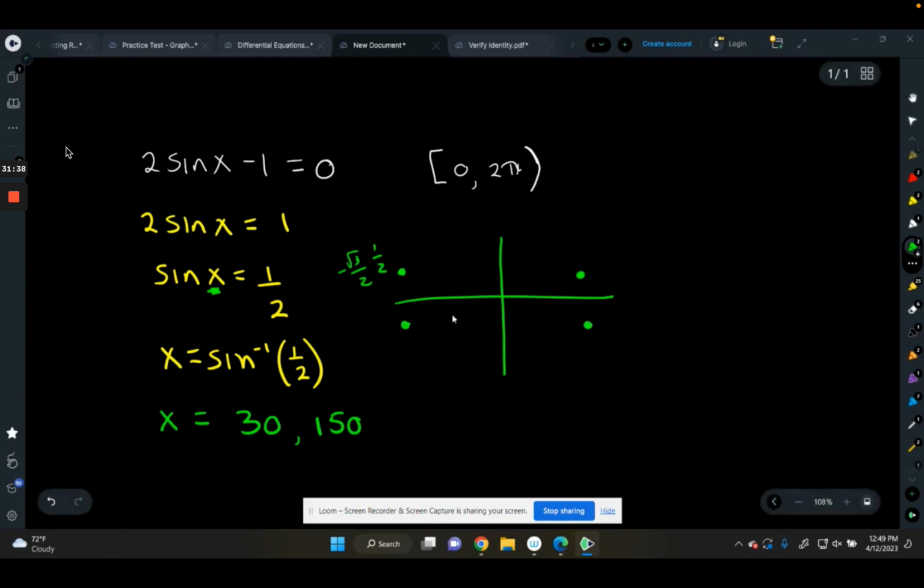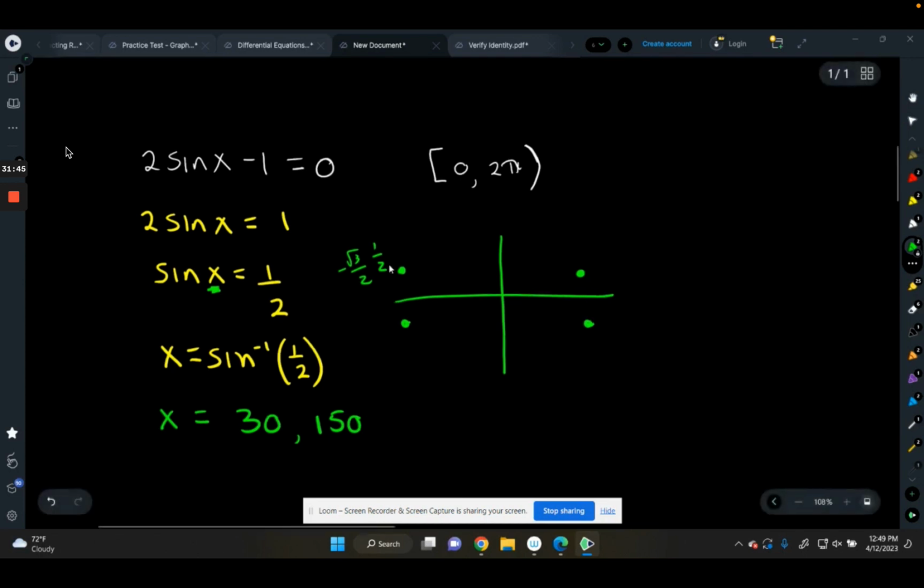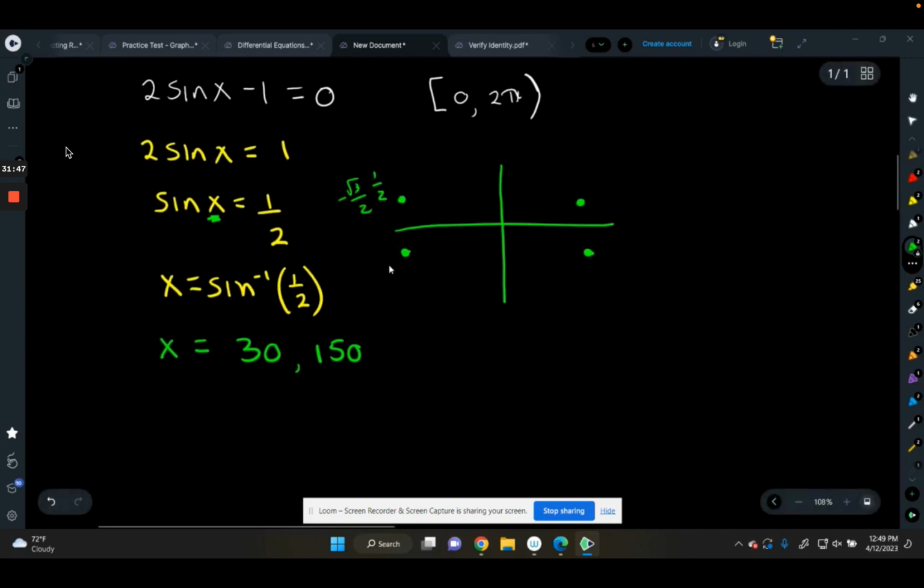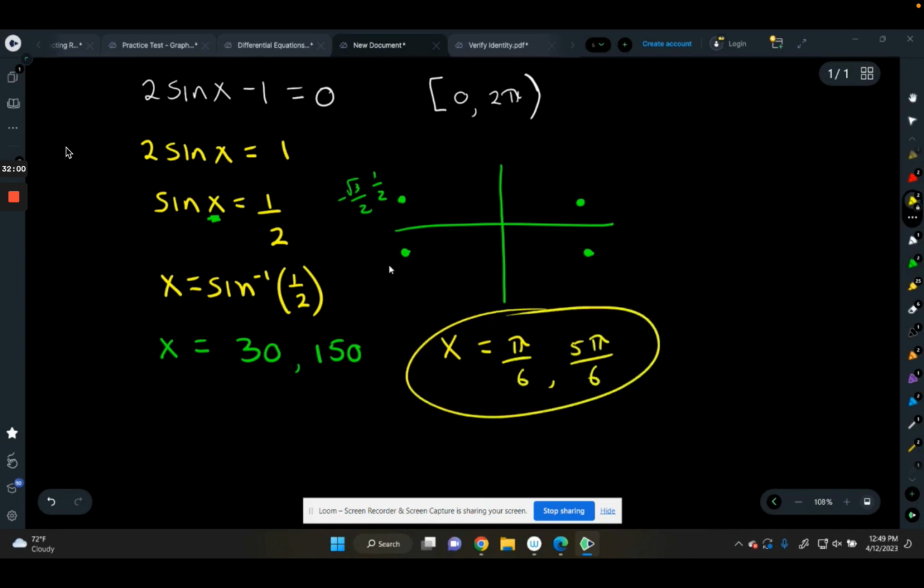How about over here? That doesn't work either. So we get 30 and 150. But if you notice, our domain was in terms of radians, so we have to change this to radians. So x is equal to pi over 6 or 5 pi over 6. And that's our solution.